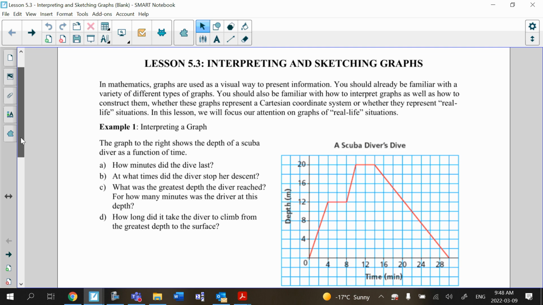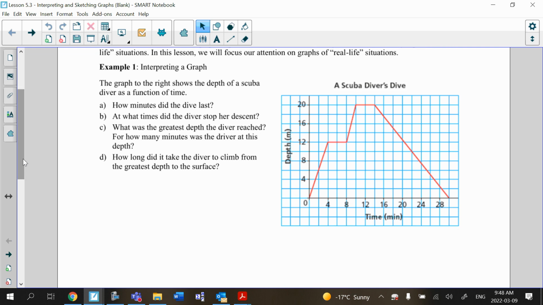So all I want to do in this is, let's make sure we know how to read a graph, and let's see if we can graph a situation that you're given. The first one is a scuba dive, and the relation is between time and depth.